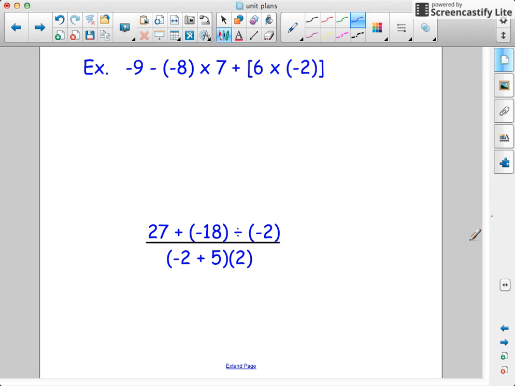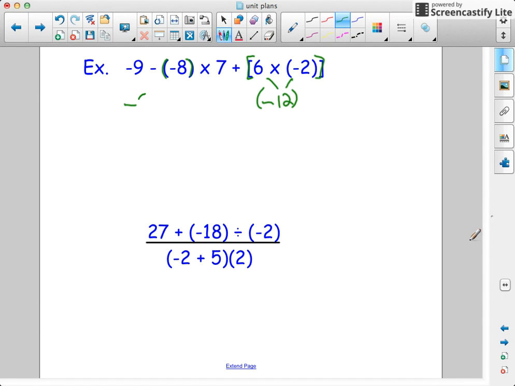What I want to see you do is to write out the entire question except have done one part of it. So first, brackets. These brackets don't actually mean anything because they're just separating subtract and -8. These are the brackets that I'm going to do first. So I'm going to do 6 times -2, which is -12. I'm just going to put that in brackets.